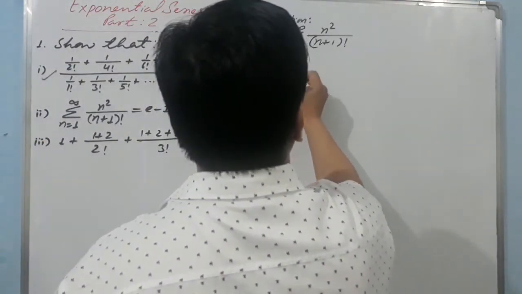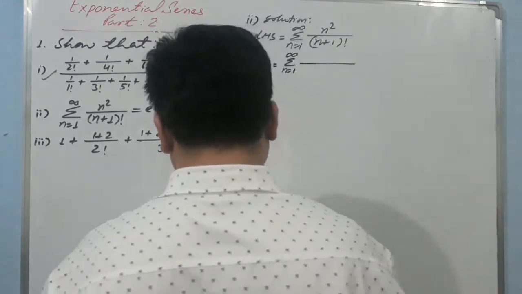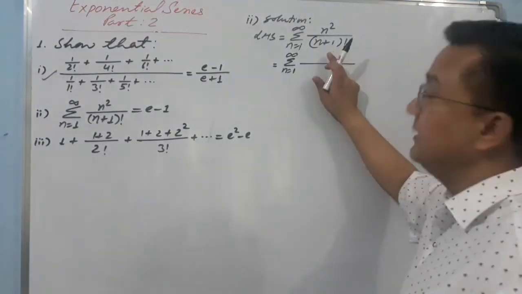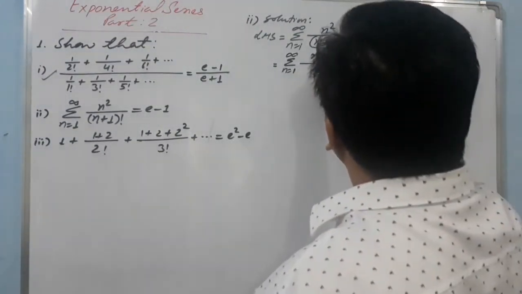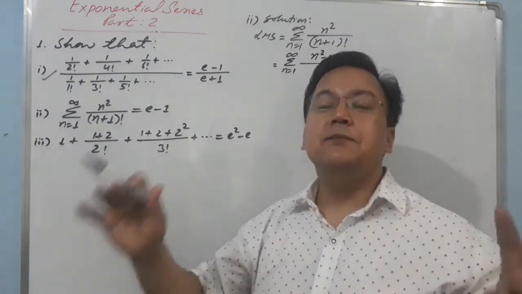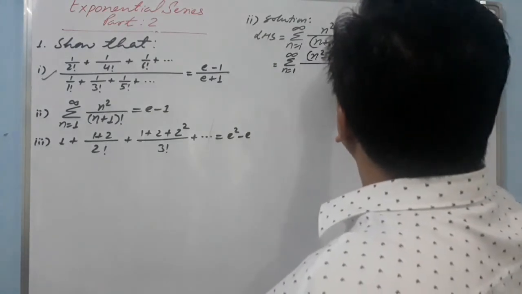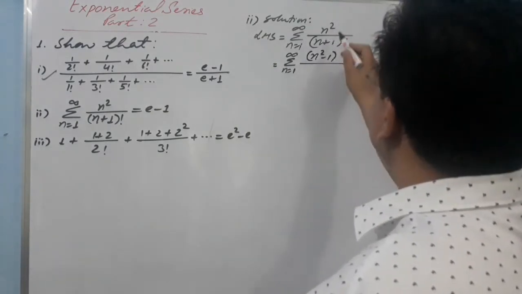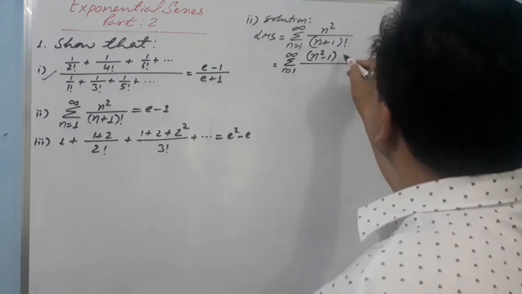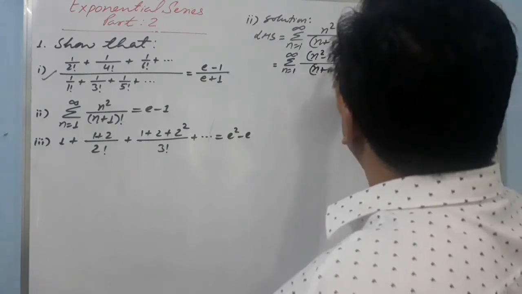Sigma n = 1 to infinity. It's very easy. See here what I'll do. You can see n here and n + 1, right? Here n^2, you can do (n - 1)(n + 1), because n^2 - 1 we can write as (n - 1)(n + 1). Because I have subtracted 1, I need to add 1, over (n + 1) factorial.